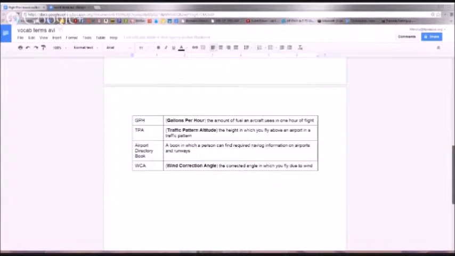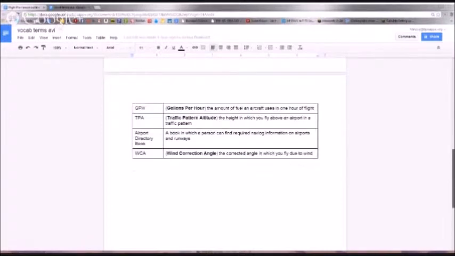GPH is gallons per hour, which is the amount of fuel an aircraft uses in 1 hour. TPA, traffic pattern altitude, is the height at which you fly above an airport in a traffic pattern. Airport directory book is the book in which a person can find required navlog information on airports and runways. And finally, WCA, wind correction angle, is the corrected angle at which you fly due to wind.